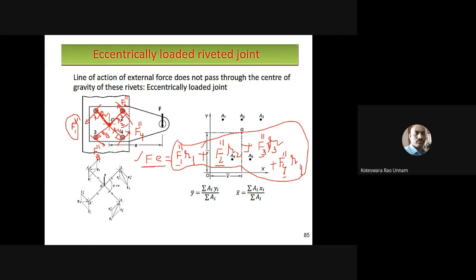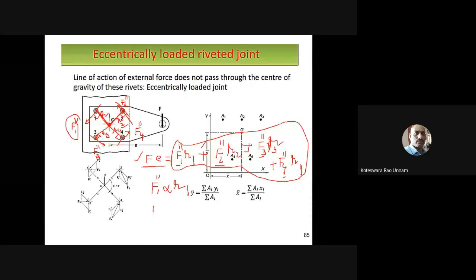what we are doing is we are making some assumptions here. So what are those assumptions? Whatever may be the magnitude of these secondary shear forces in each rivet, I'll take those as proportional to the distance of the rivet center from the center of gravity. So that means your F1 double dash is proportional to R1.